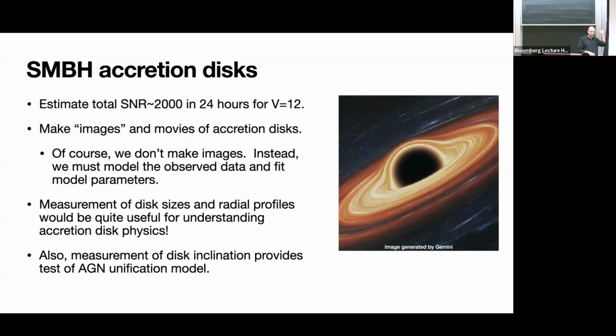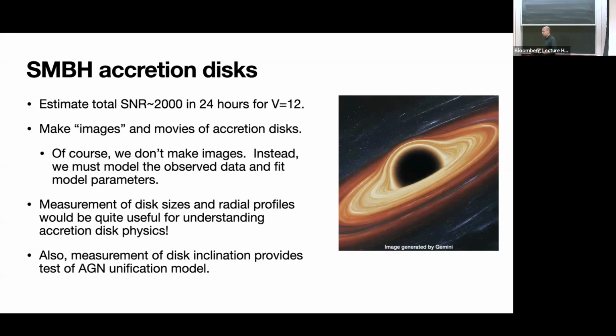So the picture to have conceptually in your mind is that we can do this every few days, and therefore we can imagine making movies of these sources evolving over time. With these highly detailed measurements, we can do things like measuring the sizes and the radial profiles of these accretion disks.